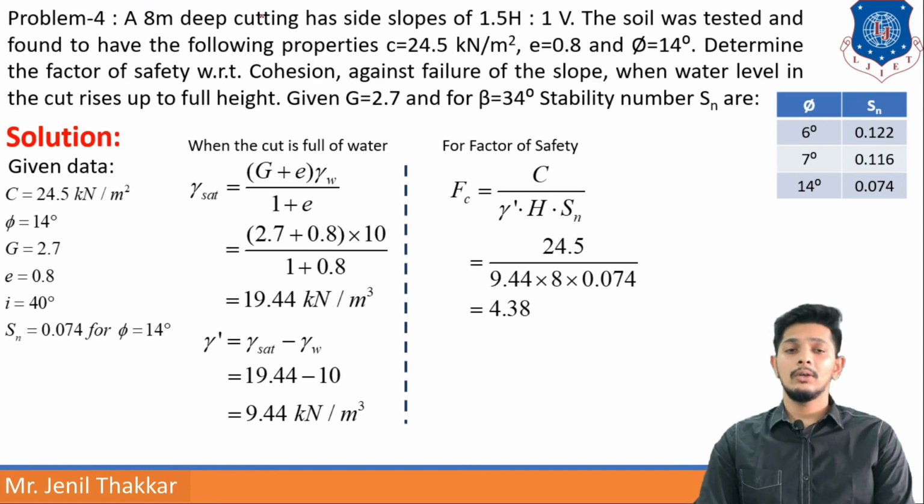Here I need to find which Sn to use, because I have been given phi as 14 degrees, so I will use Sn of 0.074 from the table. So you need to find and understand this also. I am getting the factor of safety as 4.38. So that's it in this chapter. Thank you.